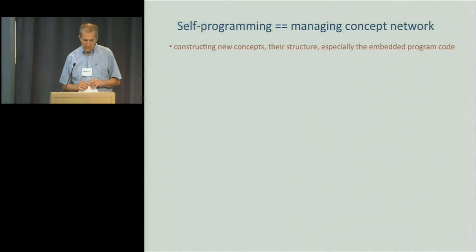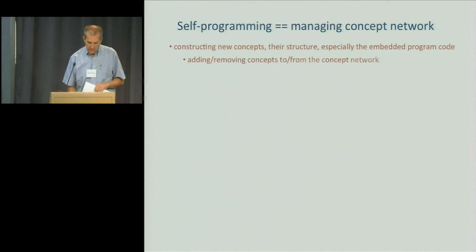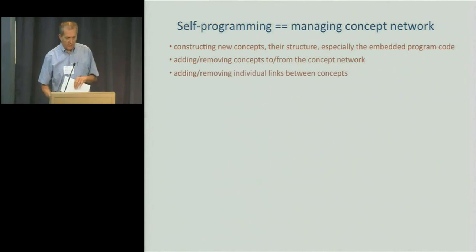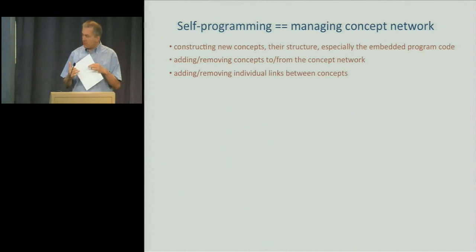What we mean by this is constructing new concepts, especially the embedded code, which is programs, as I said. It is adding and removing concepts from the concept network. It is adding or removing individual links, because we don't need to remove the whole concepts. We can only update the structure of links. And there's also evaluation of the concept network.